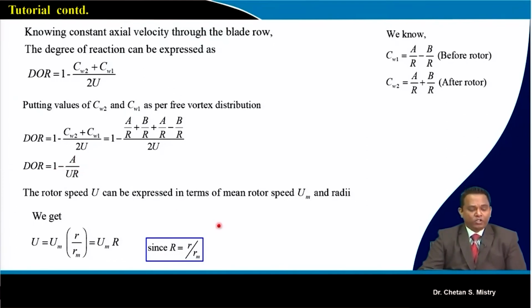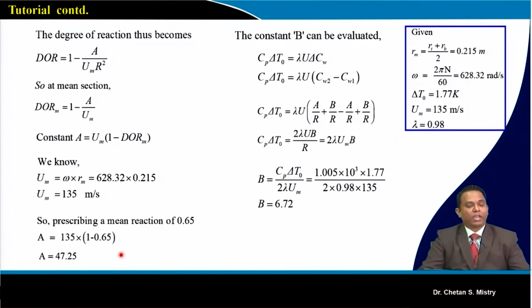Now what we have assumed, we have taken our capital R as r by Rm. So we can write my peripheral speed at a particular station as U equal to U mean into capital R. You can write my degree of reaction as 1 minus A divided by Um into R square.